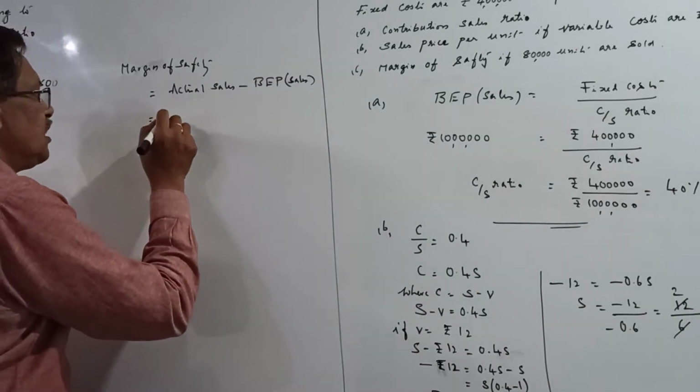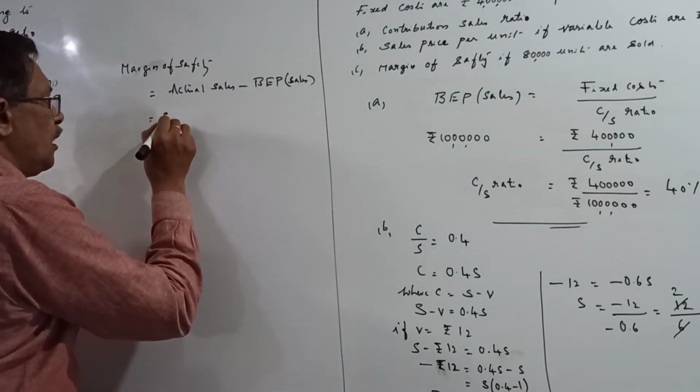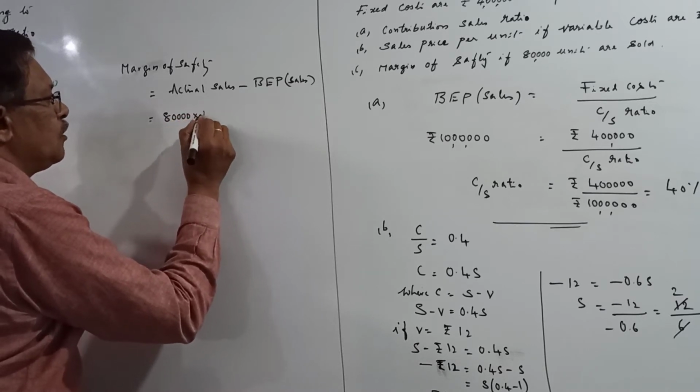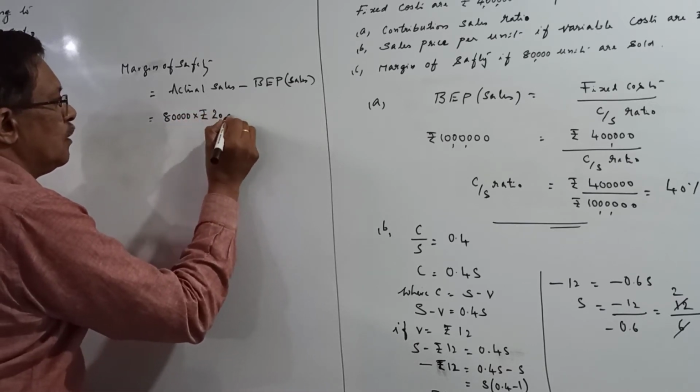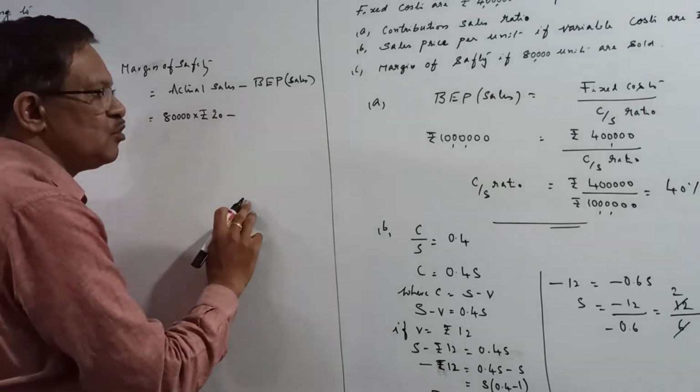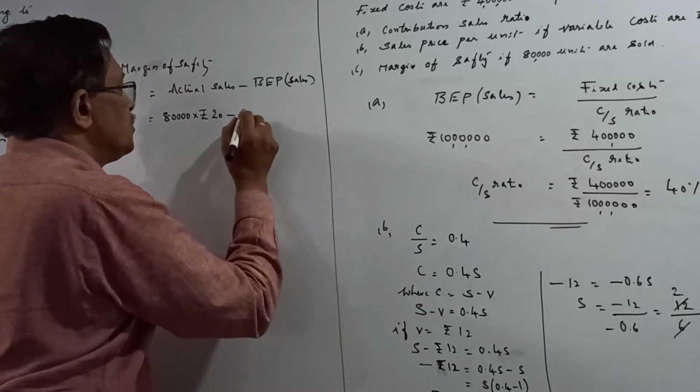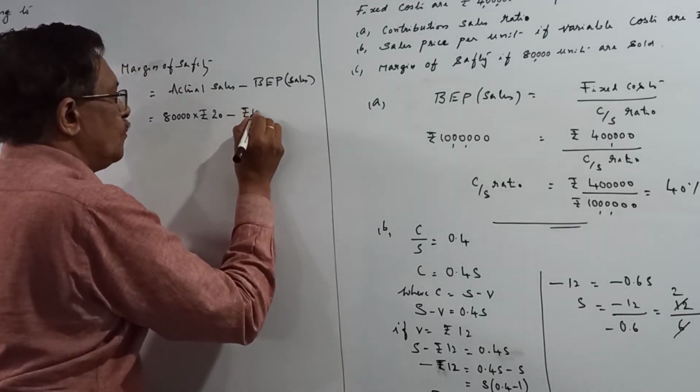So the actual sales are 80,000 multiplied by rupees 20 minus break-even sales, which has been given as rupees 10 lakhs.